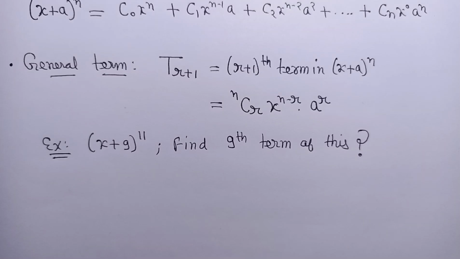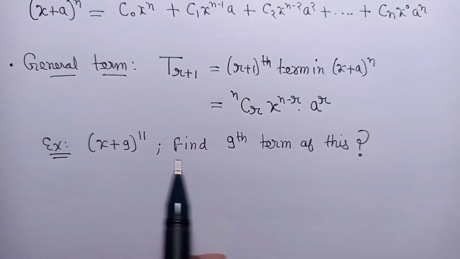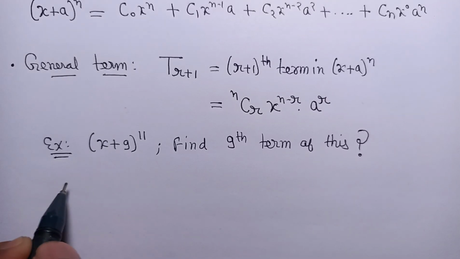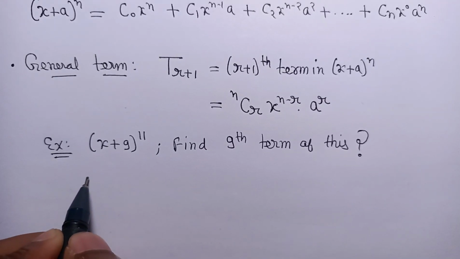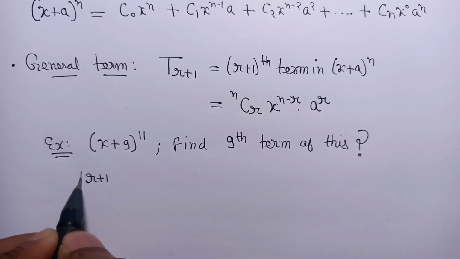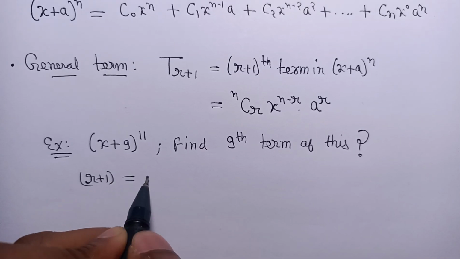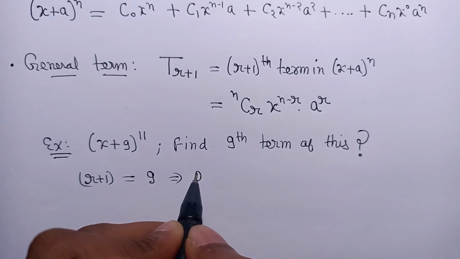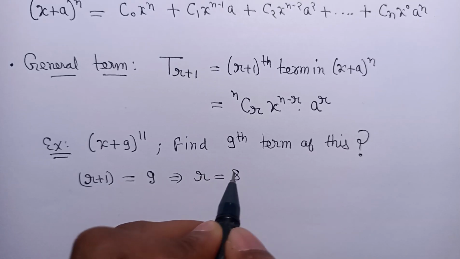First thing is you can do the expansion and then find the ninth term, or you can directly apply the general formula. In the general formula, r plus 1 is what? R plus 1 is 9. This implies r will be equal to 8.